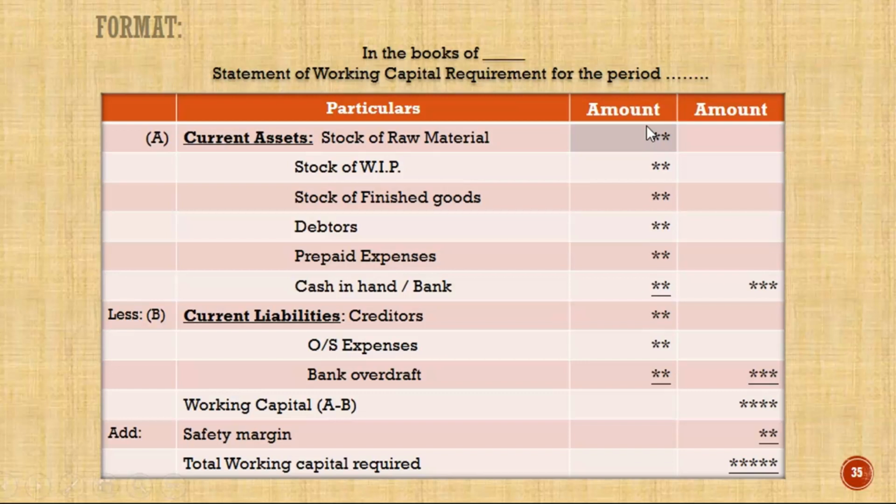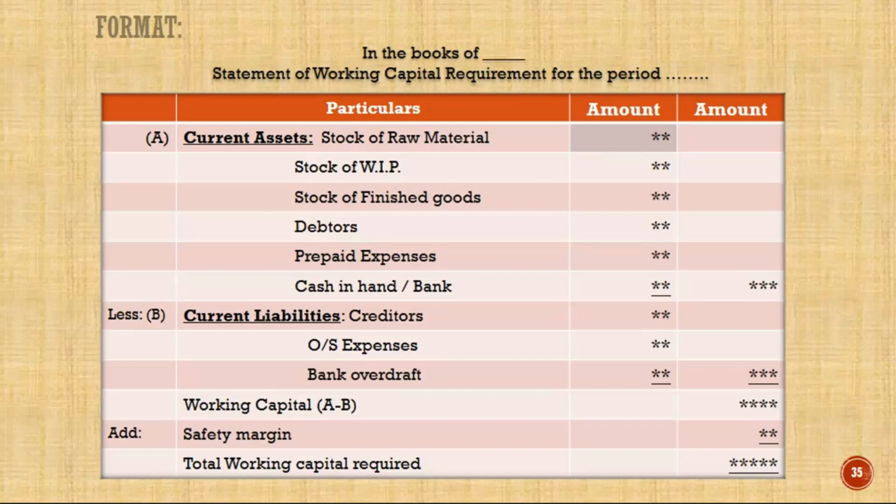The amount of all these components is written in the inner column of amount. Then the total of all the current assets is taken to the outer column.